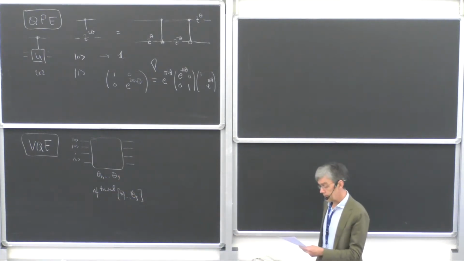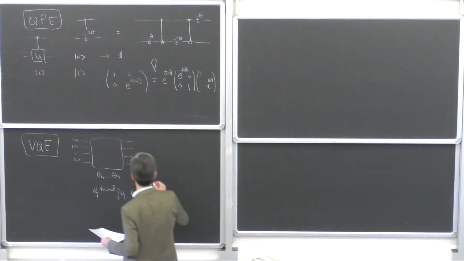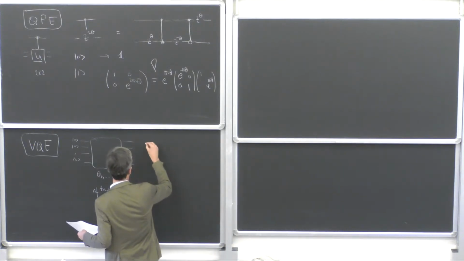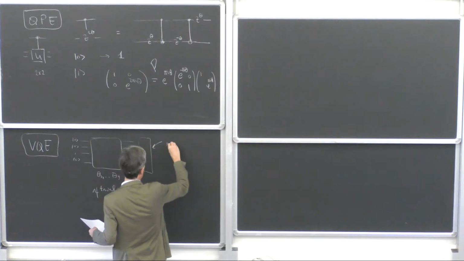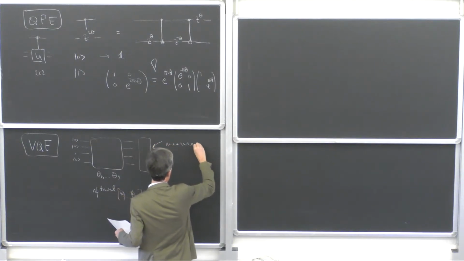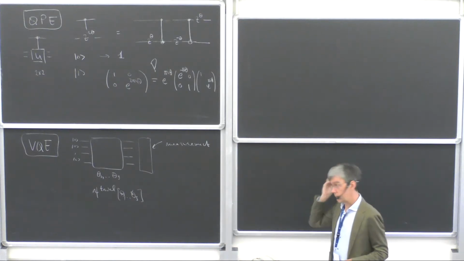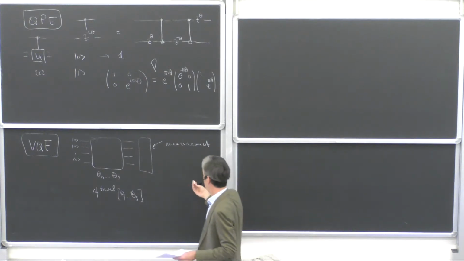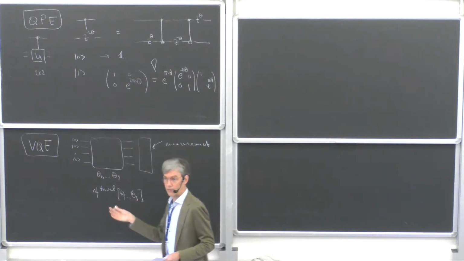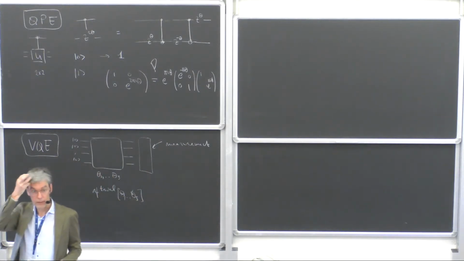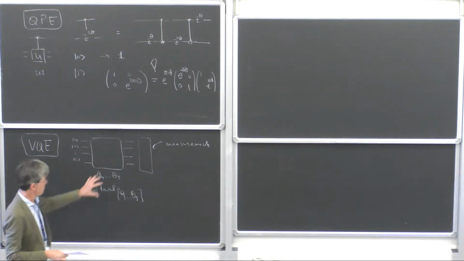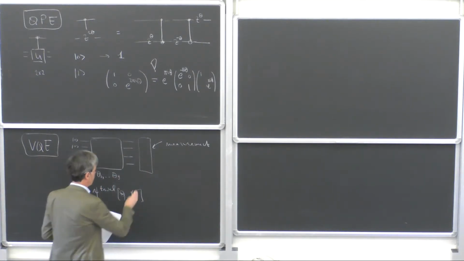And then the rest is very simple. There is a bunch of measurements of operators. So here it's like a measurement block. And what you measure is the Hamiltonian. The Hamiltonian will be expressed as a sum of elementary operators like X or X times Y or X times Y times Z. Those you can measure by going to the right basis and doing a standard measurement.